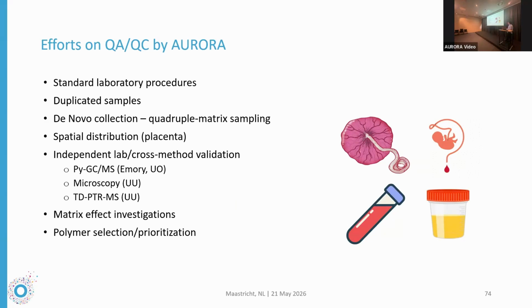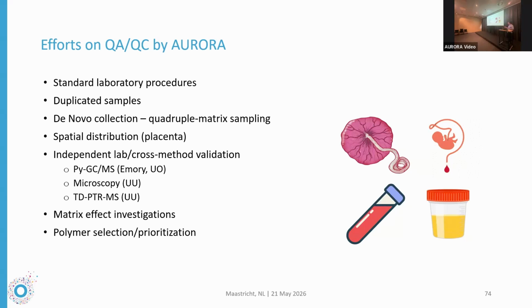And we do a de novo collection where we follow a protocol that minimizes plastic contamination using, for example, containers of non-plastic materials, and making sure that everything contains the least plastic material possible. And we collect paired samples from mother and child, for example, placenta tissue, cord blood, maternal plasma and maternal urine.